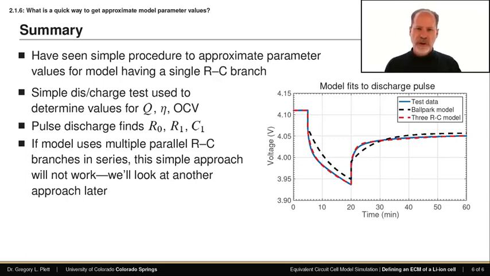So R1, R2, R3, C1, C2, C3, in addition to the series resistance R0. And I trained that model, and its prediction is given by the red dash line, which is almost directly on top of the blue line.